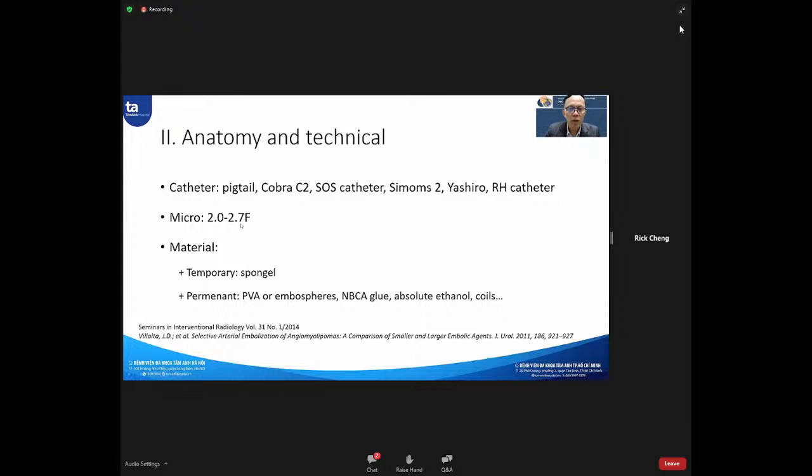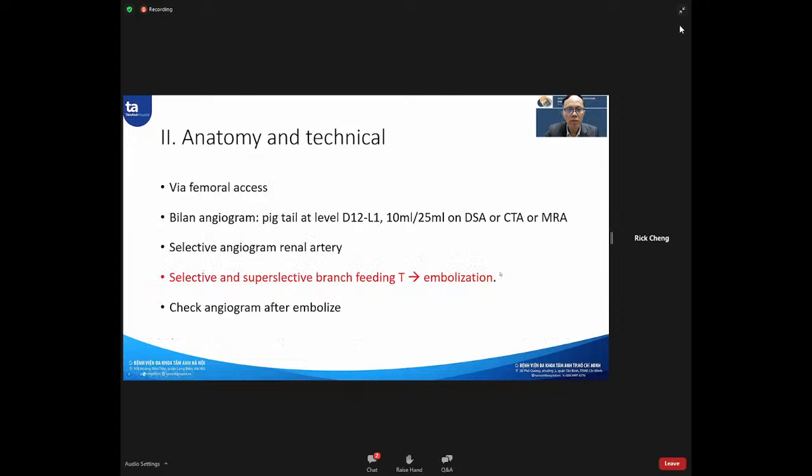You may use a microcatheter from 2.0 to 2.7 French. There are 2 kinds of embolic material, temporary and permanent. Temporary like Gelfoam. And permanent like PVA, amorphous, NBCA glue, absolute ethanol, coil, etc.